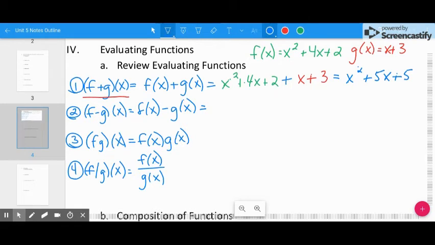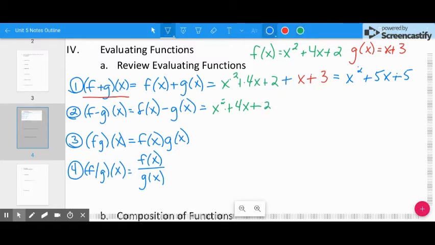So in the second one, we're subtracting. We have to be careful here because of the subtraction. We're going to need to use distributive property with the negative because everything in that function g of x needs to be subtracted from the original function. So f of x is still x squared plus 4x plus 2.